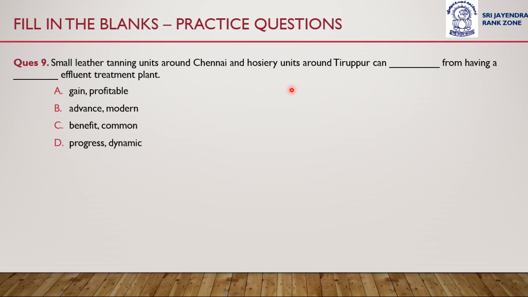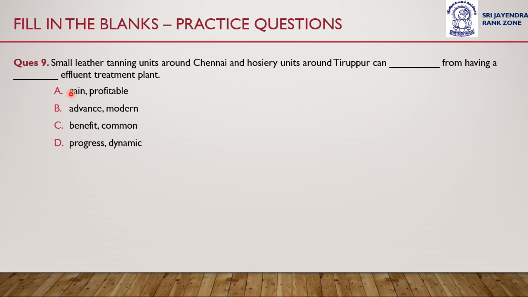Let's move on to question number 9. Small leather tanning units around Chennai and hosiery units around Tirupur can dash from having a dash effluent treatment plant.